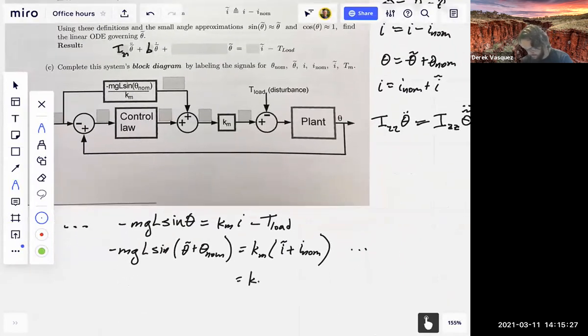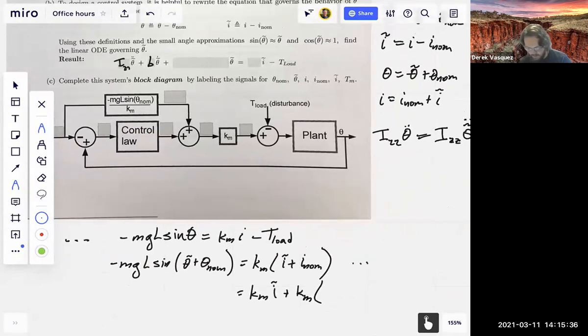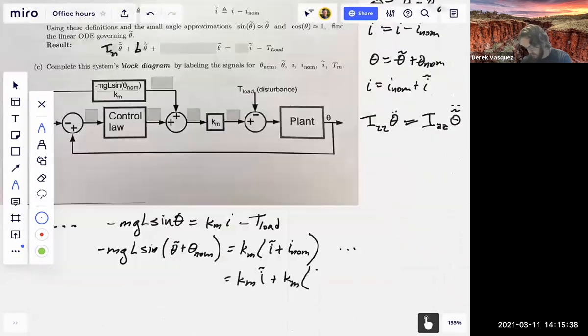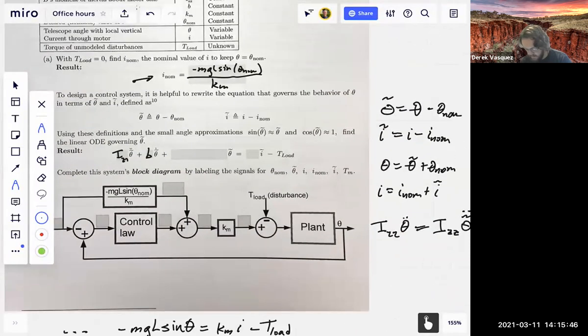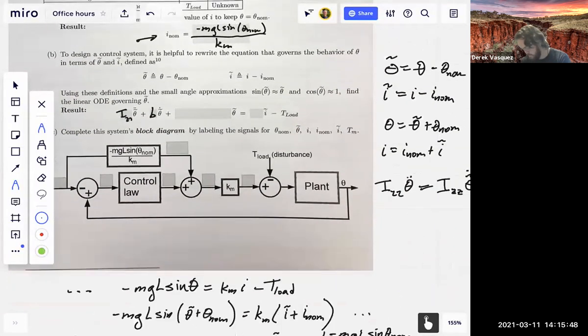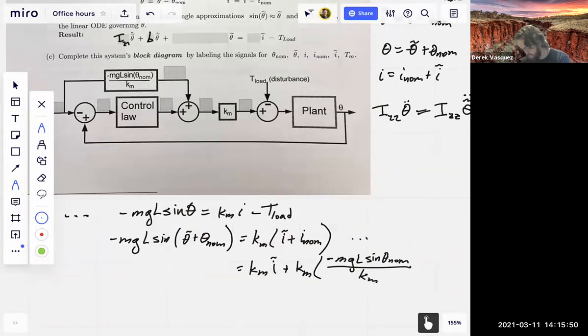So km I tilde plus km, and I nominal is equal to negative mgL sine theta nominal over km.